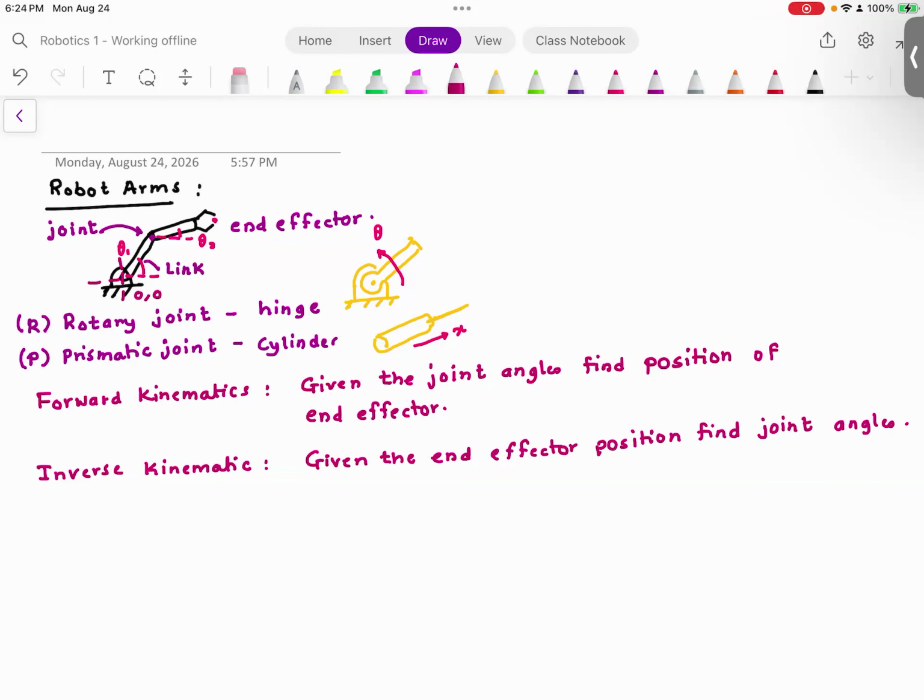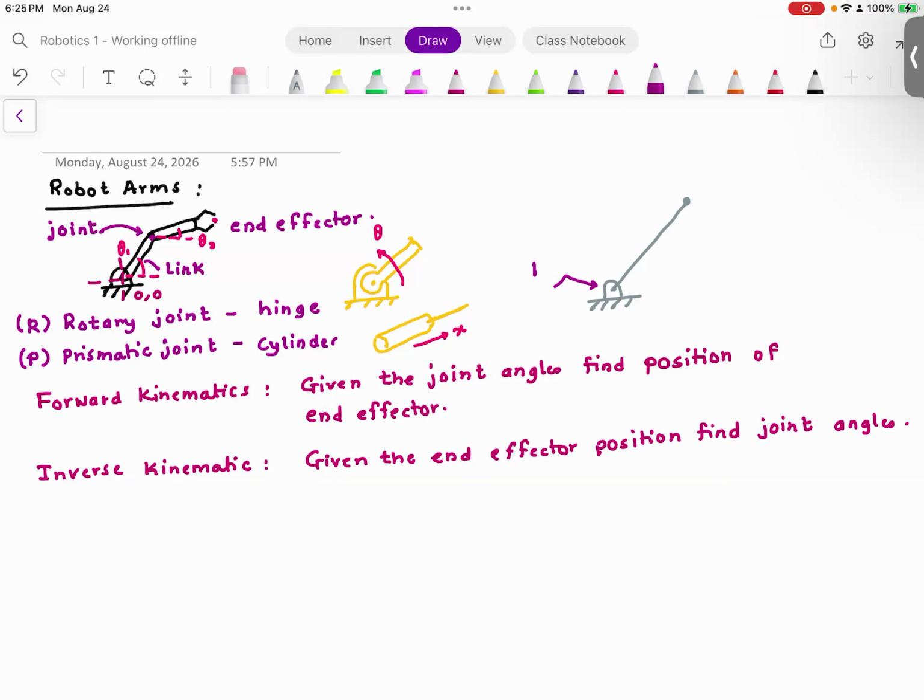Now, for the sake of simplicity, let's consider a very simple robot. So what you have is this robot, and this is a one-link robot. Please note that this one-link robot has this joint.